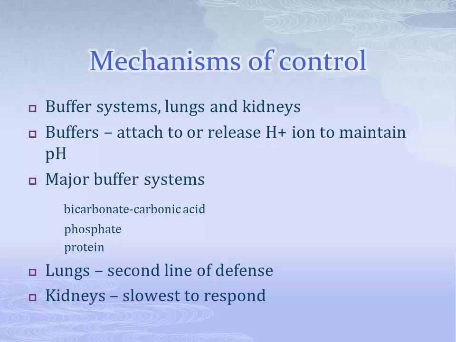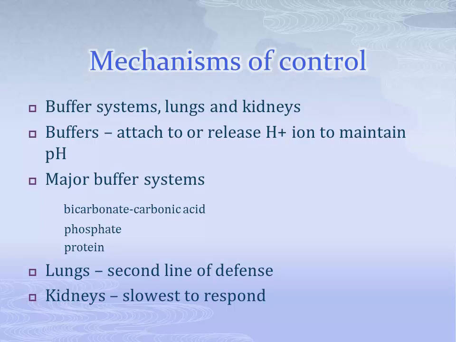But it's limited in what it can do. There's only so much carbonic acid available to create, and so we're going to have too many bicarbs floating around, and we're going to have alkalosis. So I hope that makes a little bit of sense.